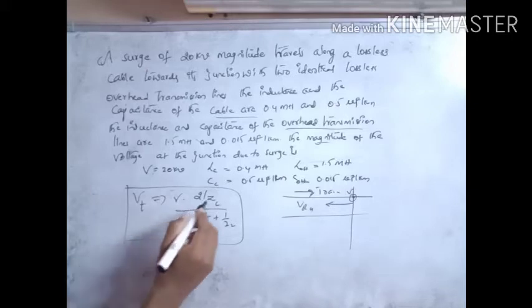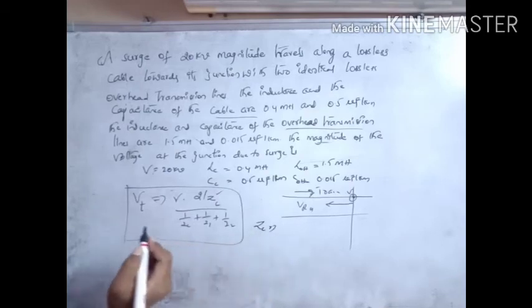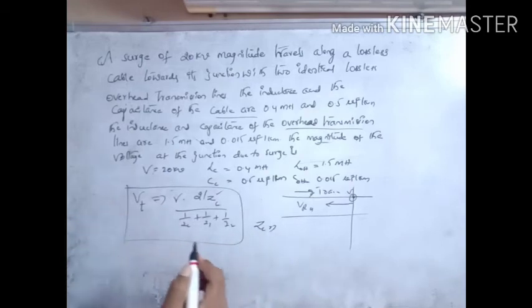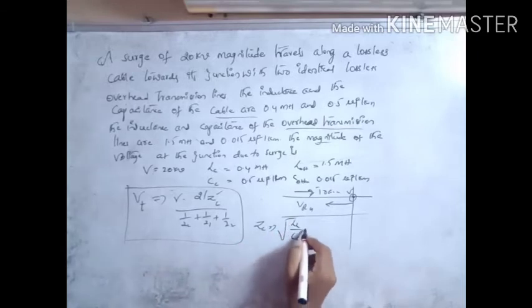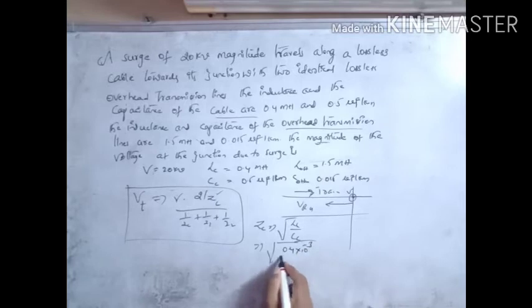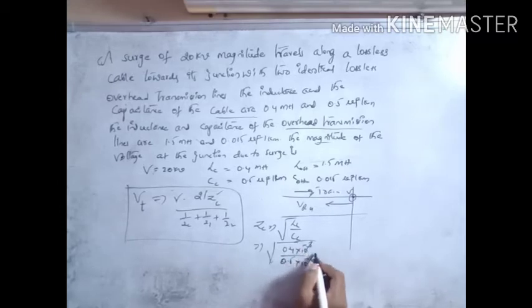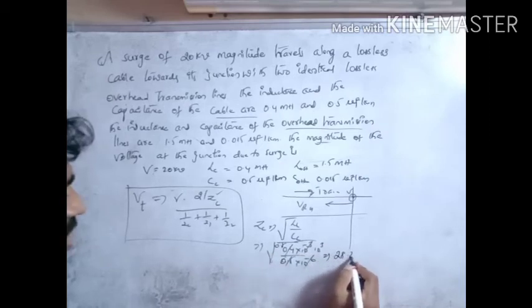For this, we first need Zc, the characteristic impedance of the cable, which is the square root of Lc by Cc. That is, the square root of 0.4 into 10 to the power of minus 3 divided by 0.5 into 10 to the power of minus 6. If we solve this, we get 10 to the power of 3 and 0.8, so Zc is 28.28 ohms.